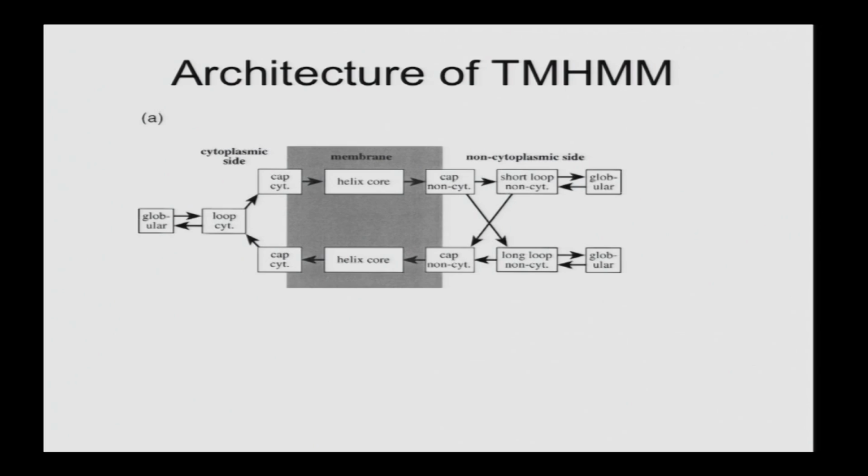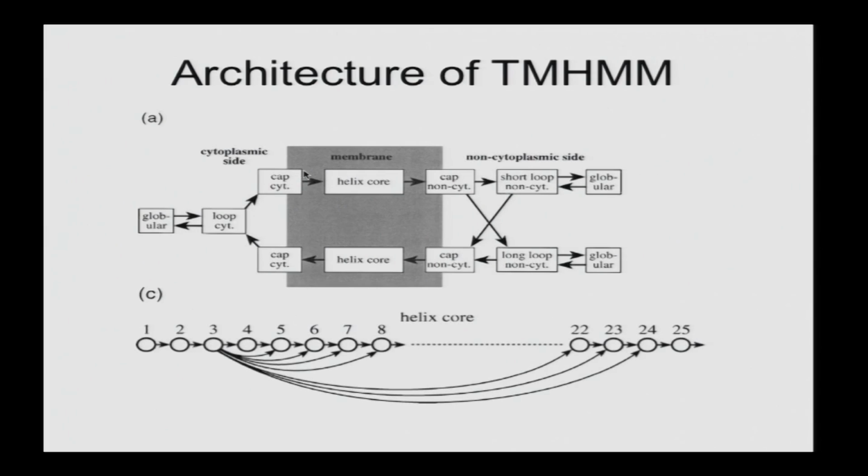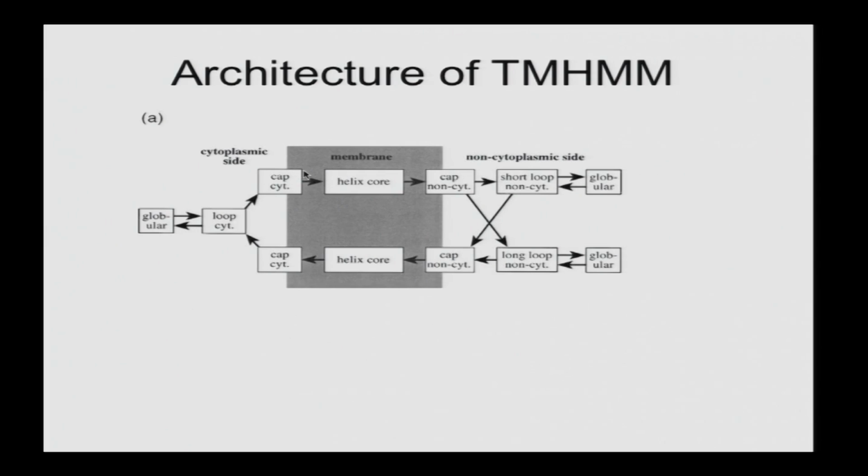So he focuses here on the helix core. There's also a cytoplasmic cap and a non-cytoplasmic cap. And then there's a globular domain on each side, both on the cytoplasmic side, and one on the non-cytoplasmic side. So there's going to be different compositions in each of these regions.